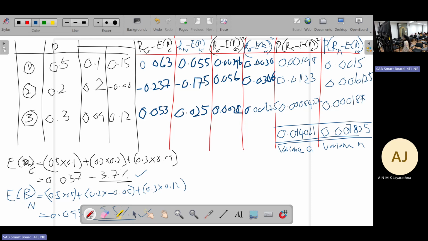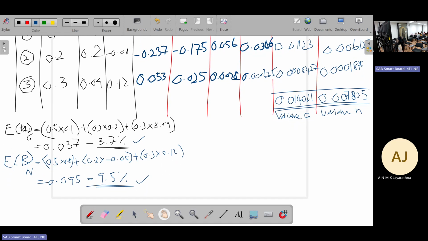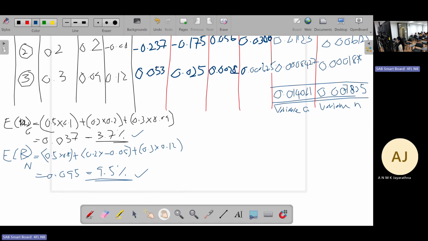Now to take the standard deviation. Variance now, then we can calculate the standard deviation. Standard deviation is very important.